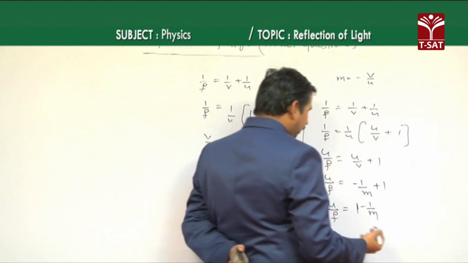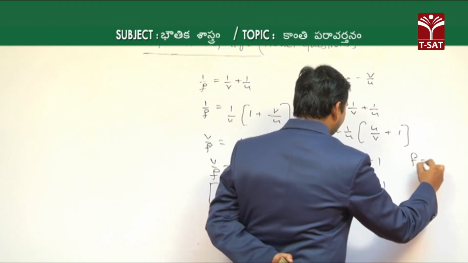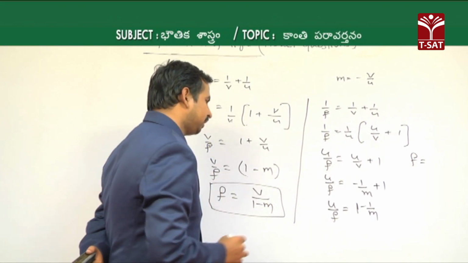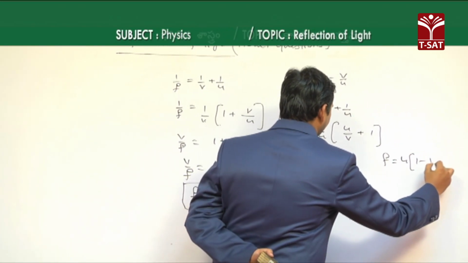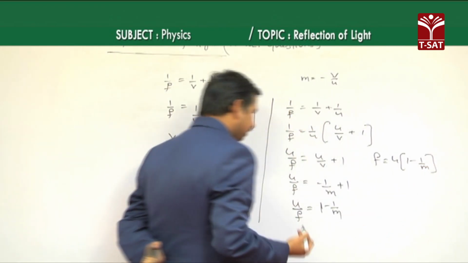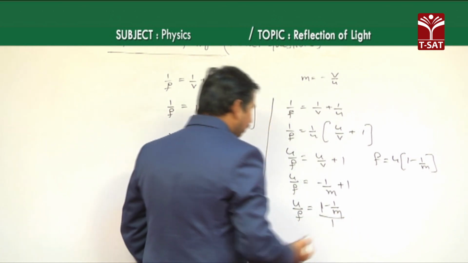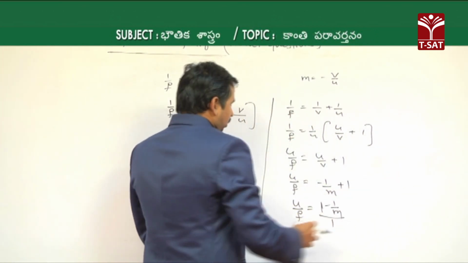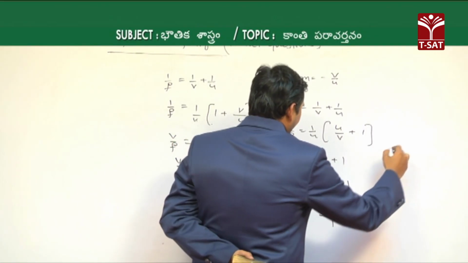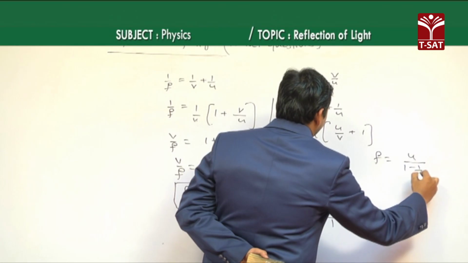Then from this, f is equal to u by (1 minus 1 by m).